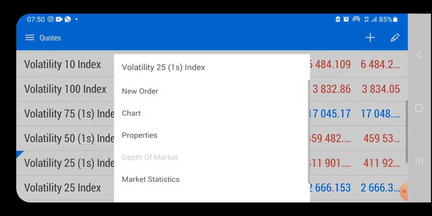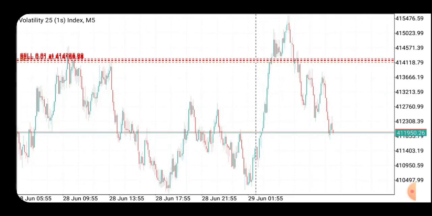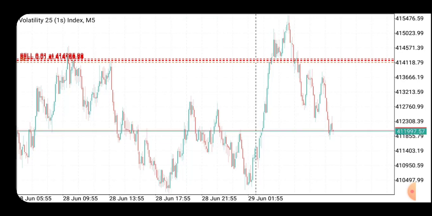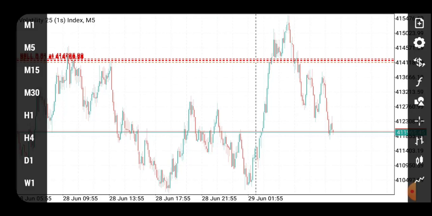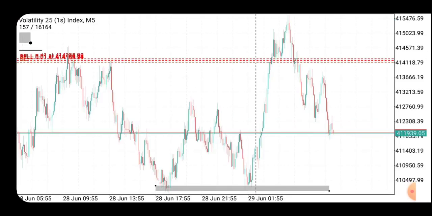So I'm just going to show you in this chart. This is the V25S trade we are currently in, and as I explained on my PC, we have a price going down, and I explained how we entered this trade. As you can see, we are targeting these lows right here.